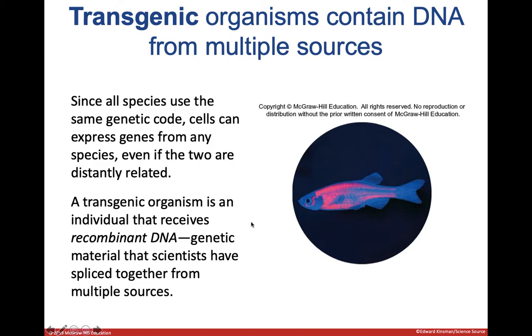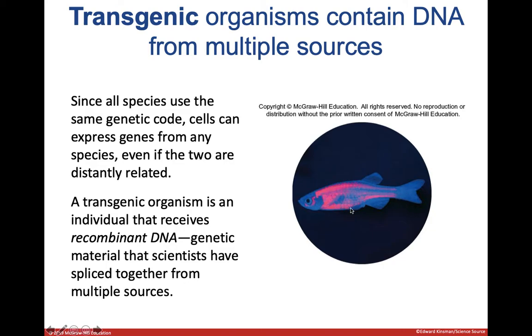So one of the ways is that every single species on the planet uses the same genetic code, the A's, C's, T's, and G's. You're probably familiar with that one from our previous lecture. Traditional organisms have just the genes from their own species inside of them.